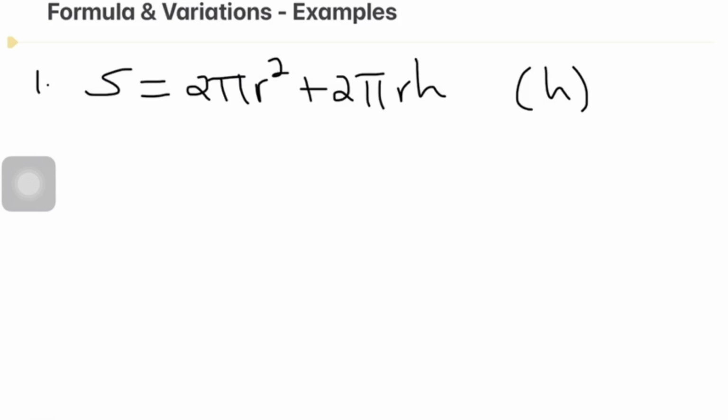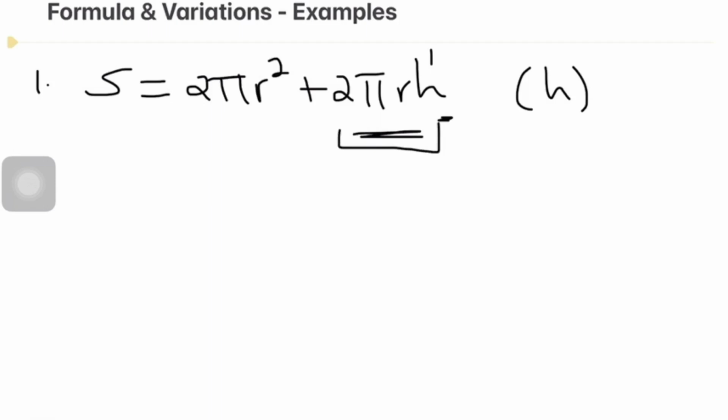In our case, in this formula, h is only in this second term, only the 2 pi r h, and fortunately the h has only power 1. It's just a 1, so that one will be easy, because if it's just power 1 wherever it is, then the next step is to bring all those terms whereby we can see the letter that is of interest to us to the left hand side, but it's only appearing in just one term.